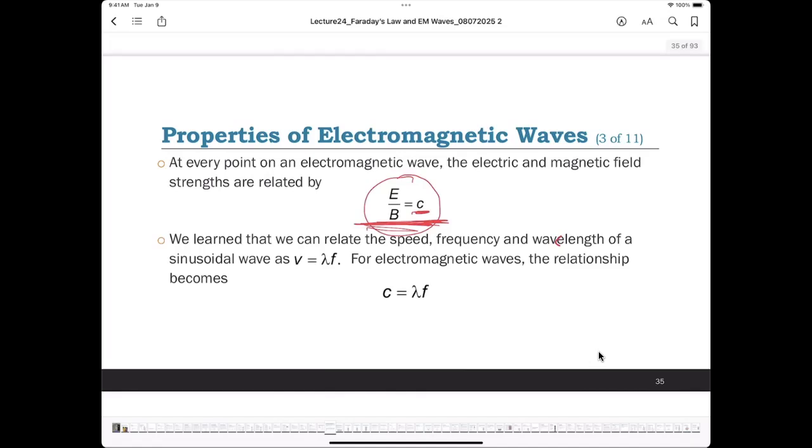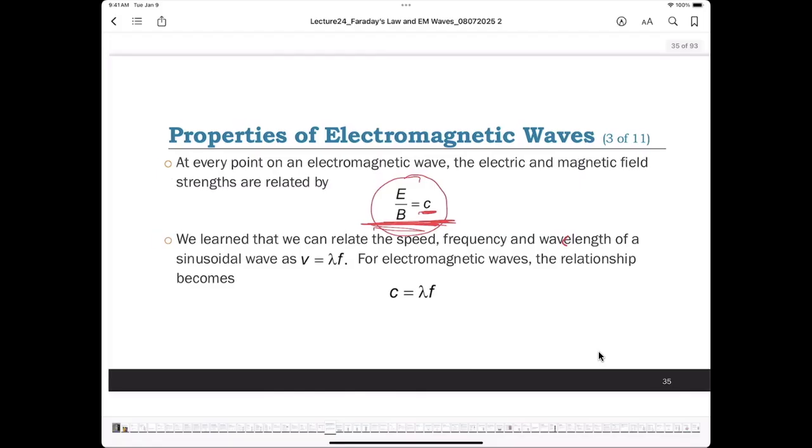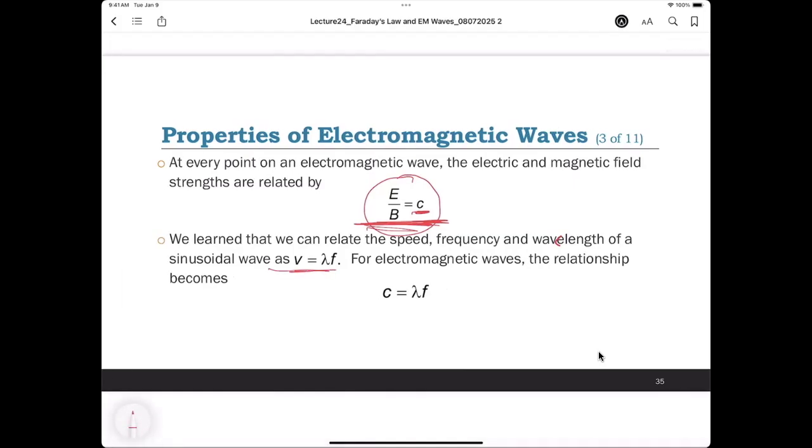Okay. And we learned that we can relate the speed, frequency, and wavelength of a sinusoidal wave using this equation. We talked about this in chapter 17, I think. And for electromagnetic waves, because v equals C, am I right? So then it should equal this one.